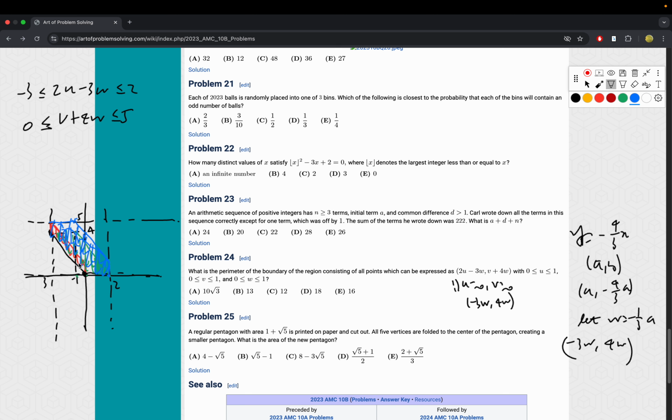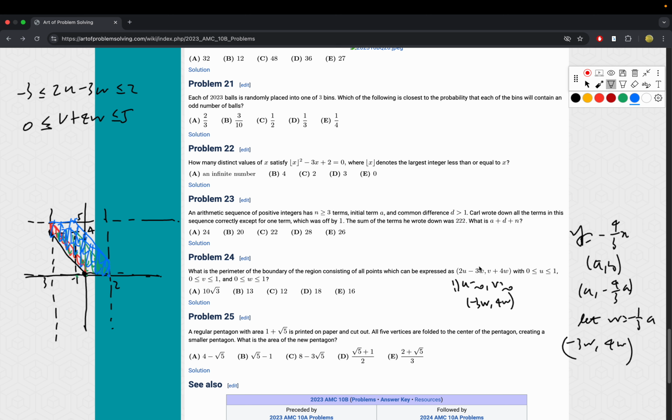So what I want to say here is all the points lie within this boundary, inclusive, and every point within this boundary can be written in the form of 2u minus 3w, comma 3 plus 4w.